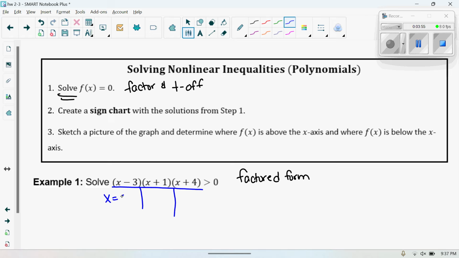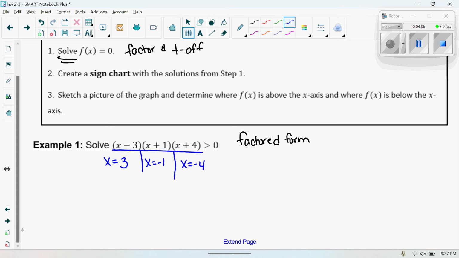I get x equals 3, x equals -1, and x equals -4. Then we're going to create a sign chart from step 1. So I'm going to create a number line, and I'm going to put these values on my number line. So -4, -1, and 3 are on my number line.